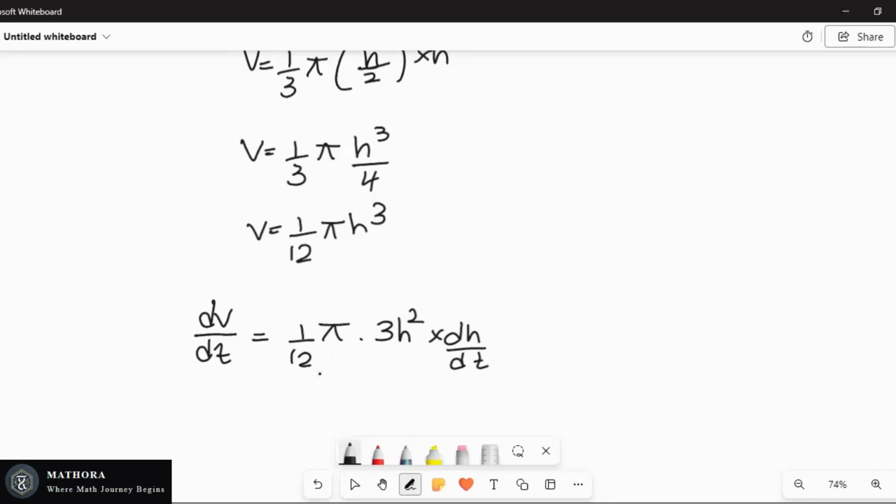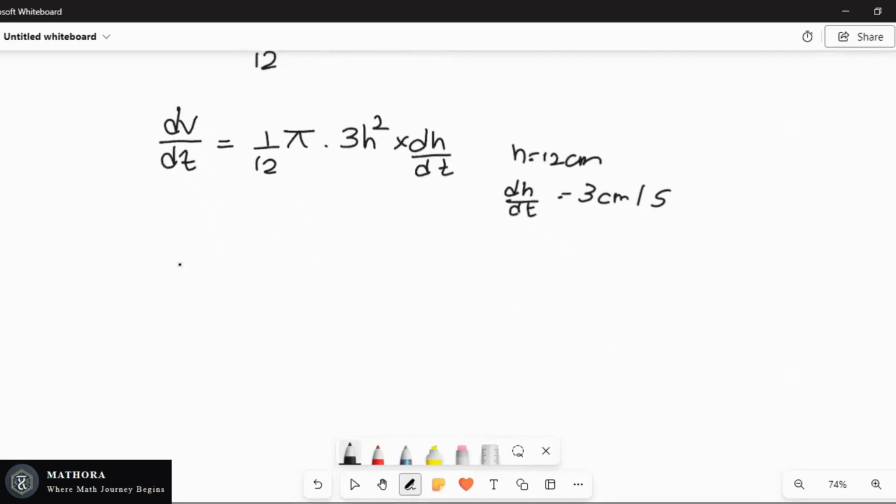So now we need to substitute all the data that we have. As we all know, we have h equals 12 centimeters and dH over dt equals 3 centimeters per second. Now we can substitute it. 1 over 12 times pi times 3 times h to the power of 2, that means 12 times 12, then again 3.